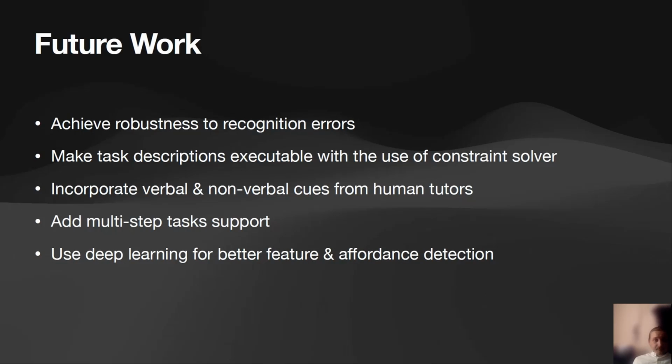The next step that I want to do is to take a constraint solver, one of those available on the market, and use it for building motion plans from those task descriptions.